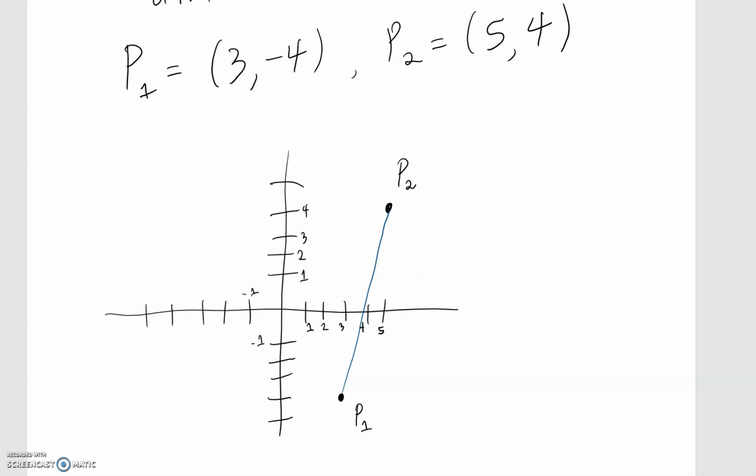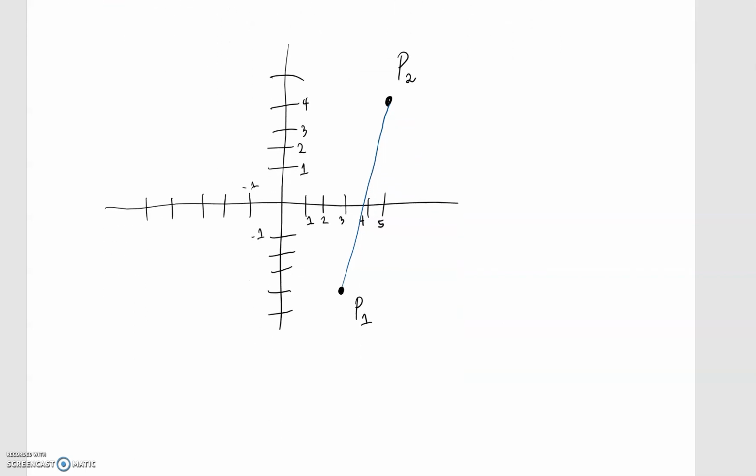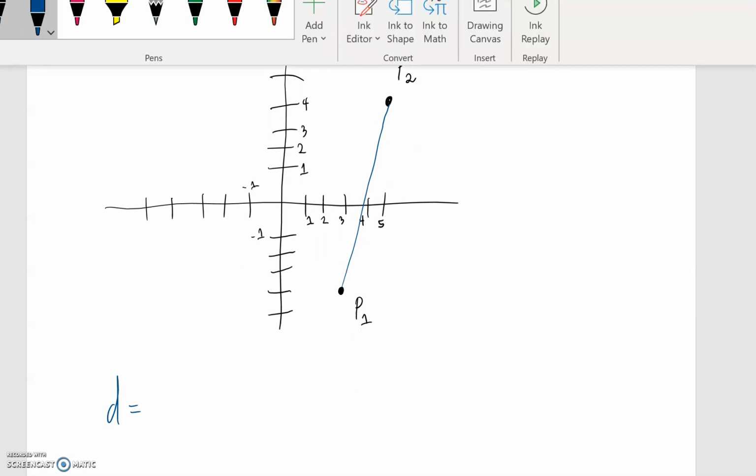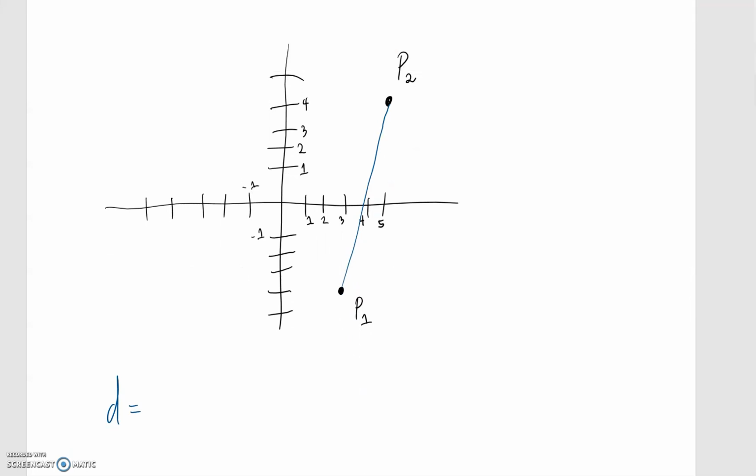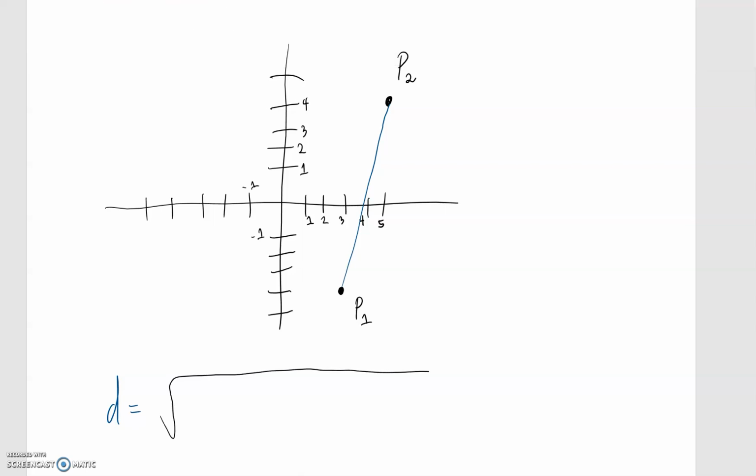So how do I find that length in blue? We can calculate this using the distance formula. This is equal to the square root of x2 minus x1 squared plus y2 minus y1 squared.